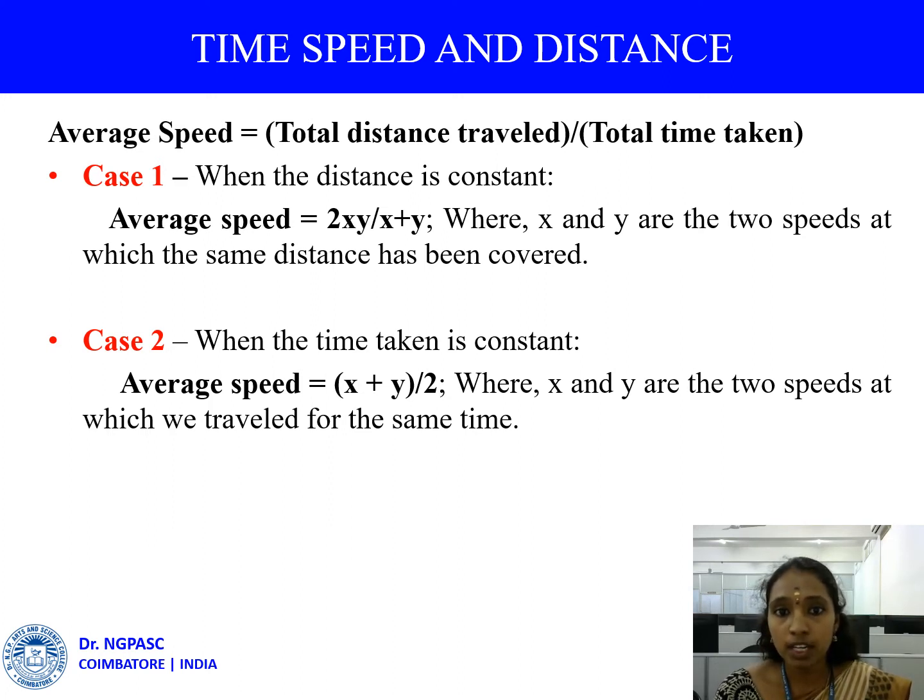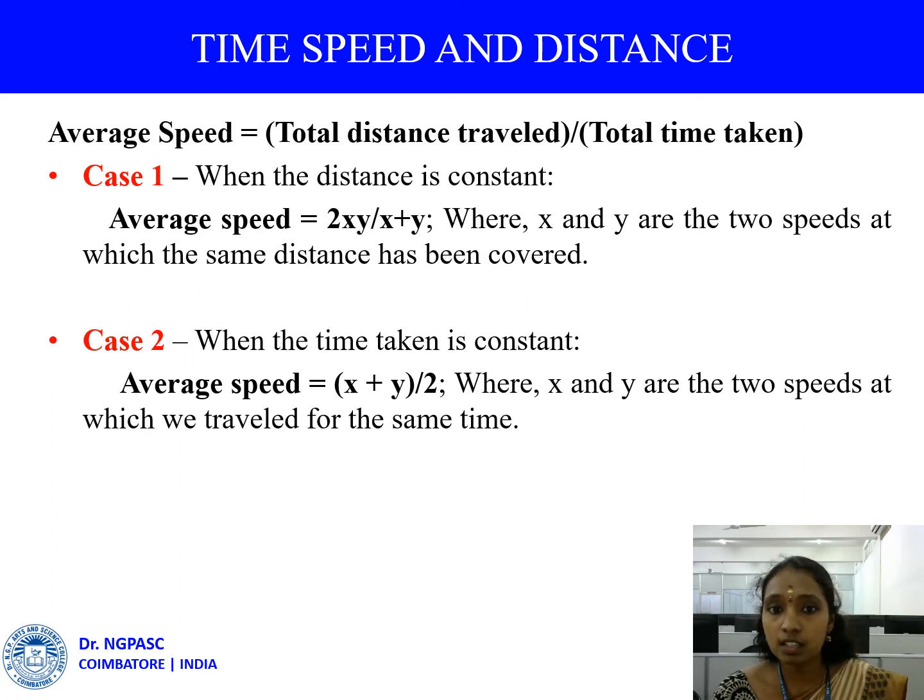So for example, a person is traveling from A to B at a speed of 20 kilometer per hour, and from B to A he is traveling at a speed of 30 kilometer per hour. Then how do we calculate the average speed?